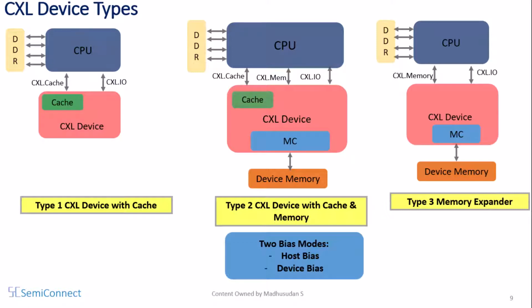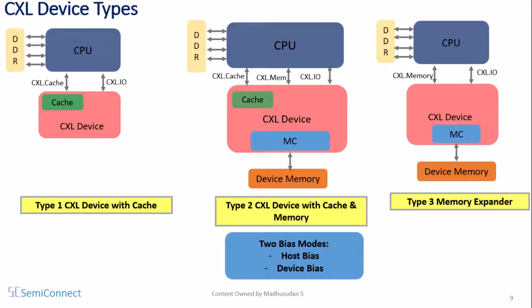CXL.io is mandatory for all CXL devices, whether it is type 1, type 2, or type 3. CXL.io is required for configuring the device, device discovery, and other mechanisms. Other non-cacheable accesses also go over CXL.io, so it is important to implement it.